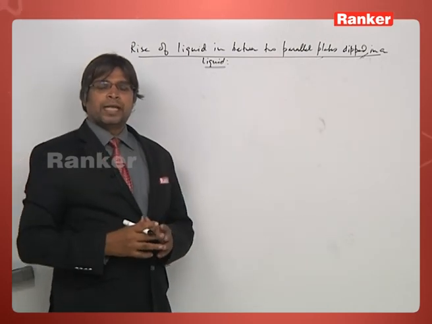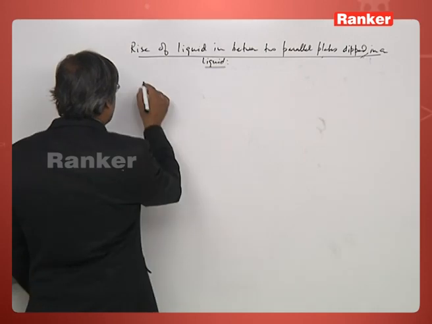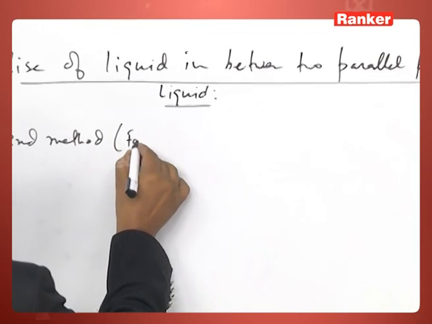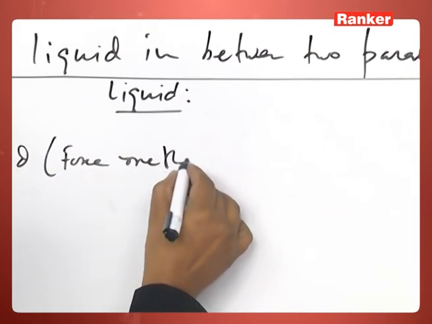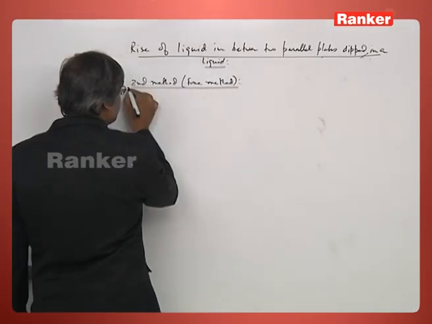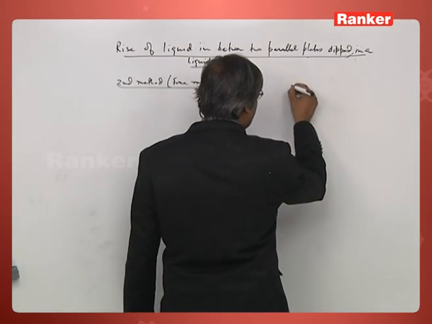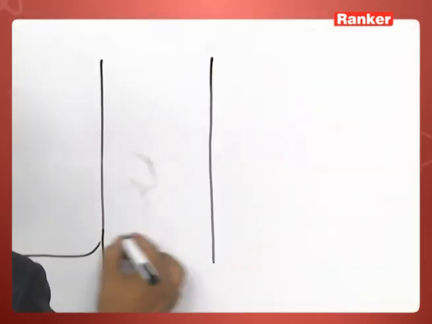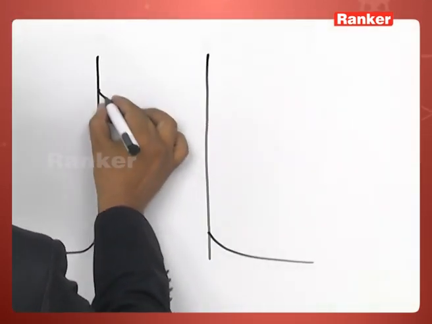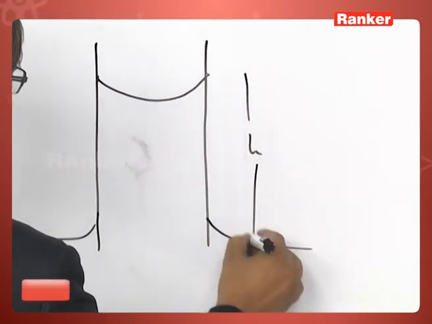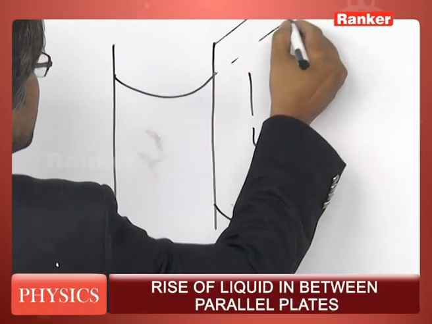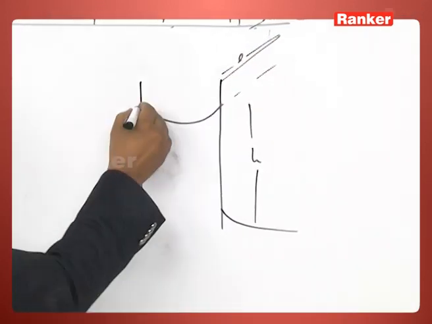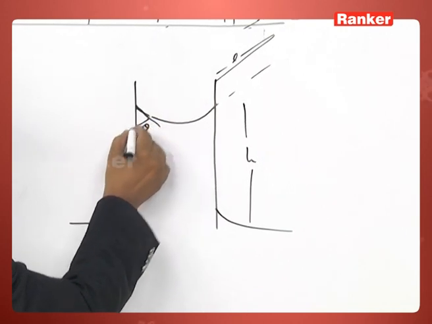Now, come to the second method, the force method. In the second method, we are going to see the equilibrium of forces. This is our capillary, or rather two plates, and this is the rise of liquid H. Suppose this length is L. You see here the contact angle is theta.